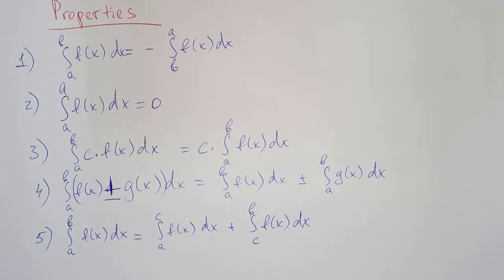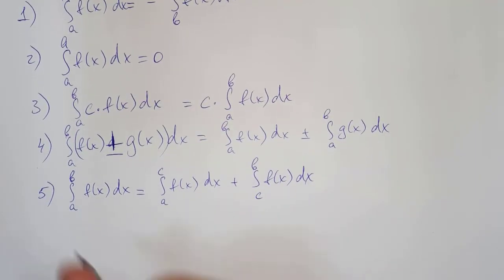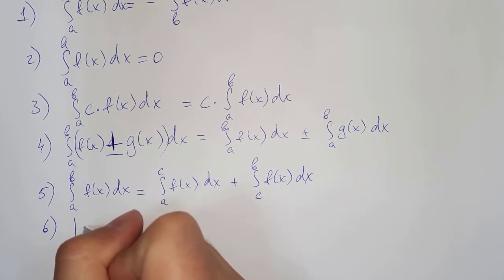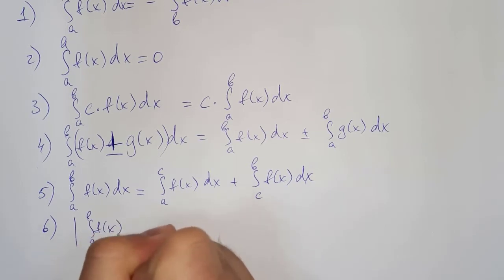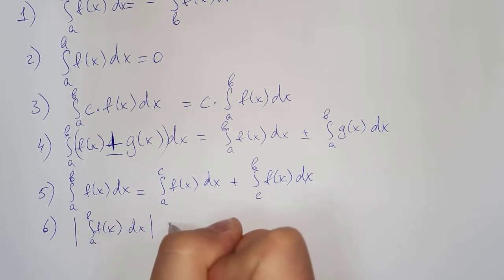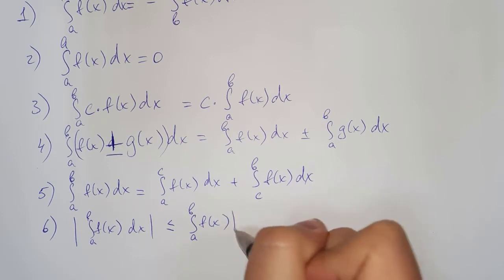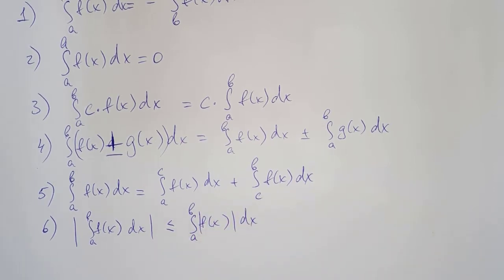Okay, now the next one. For example, if we have the absolute value of the integral from a to b of f(x) dx, this is less than or equal to the integral from a to b of the absolute value of f(x) dx.